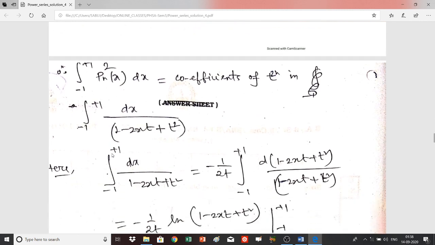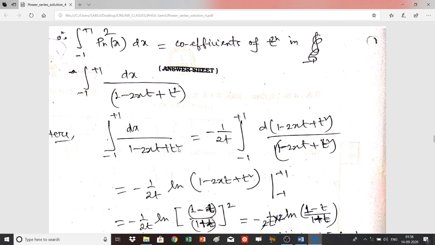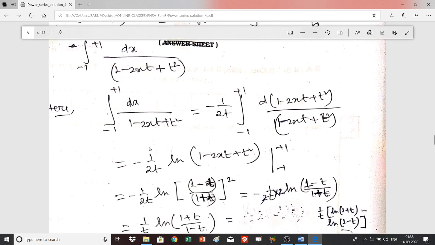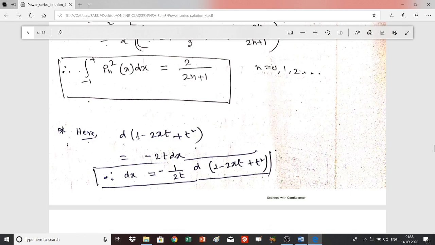Now this integration, to simplify this, the integral from minus 1 to plus 1 of dx by (1 minus 2xt plus t squared), you can write. Just see here, d of (1 minus 2xt plus t squared) is calculated, and it will give you minus 2t dx.